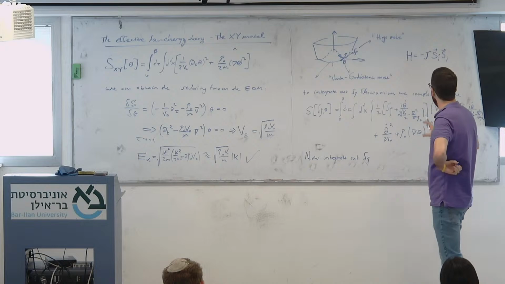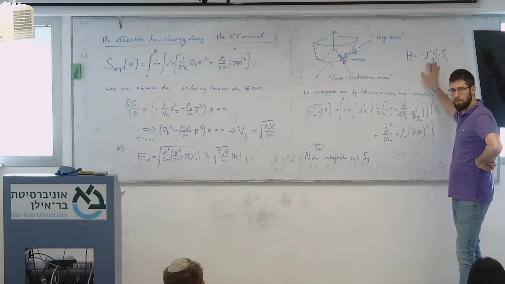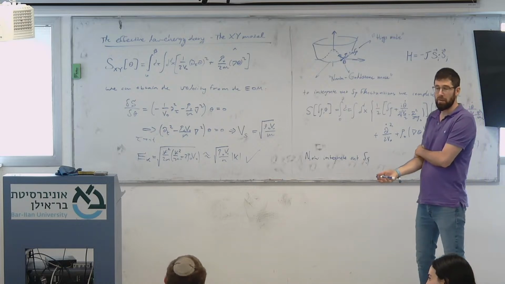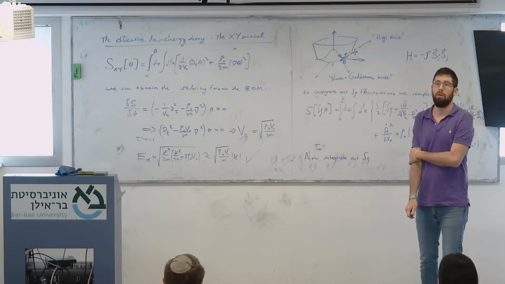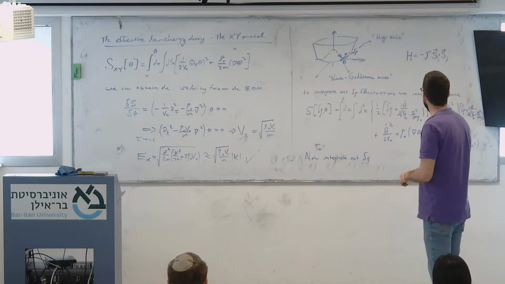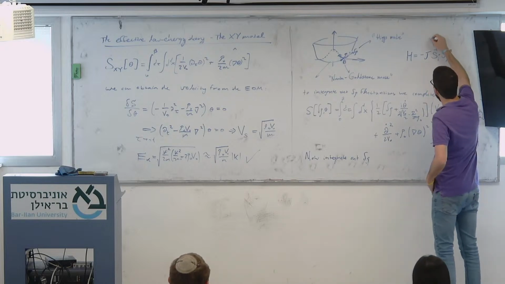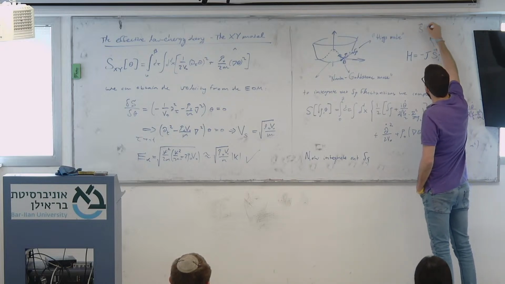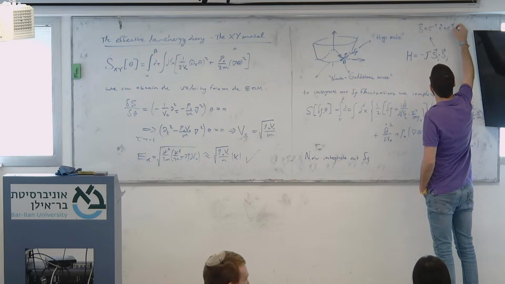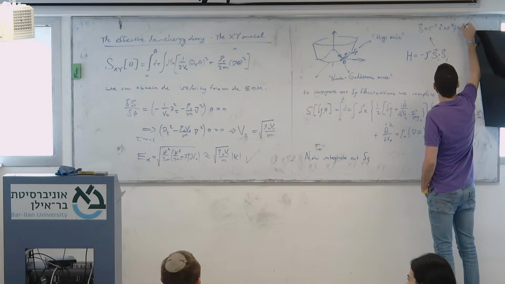Good. Now, what defines whether this model is classical or quantum? You know? How do you make a classical spin? In terms of making this quantum, I could put these S to be like sigma x in the x direction plus sigma y in the y direction plus sigma z in the z direction.